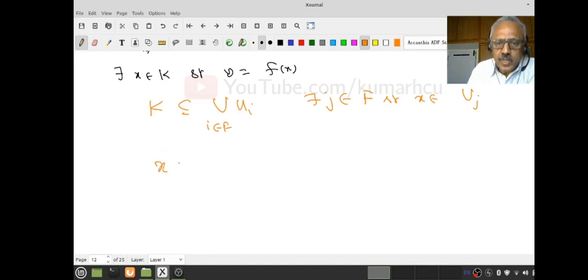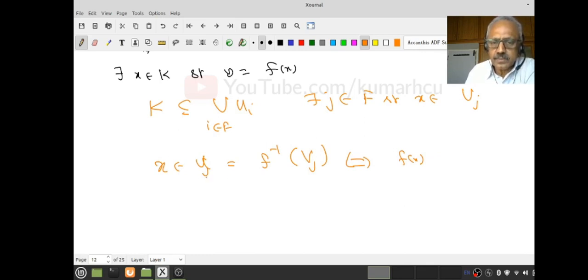Now x belongs to U_j, but what is U_j? It is f inverse of V_j. Let me just make sure, because even I got confused about what I have written. That means f(x) belongs to V_j, but that is nothing other than y belongs to V_j.